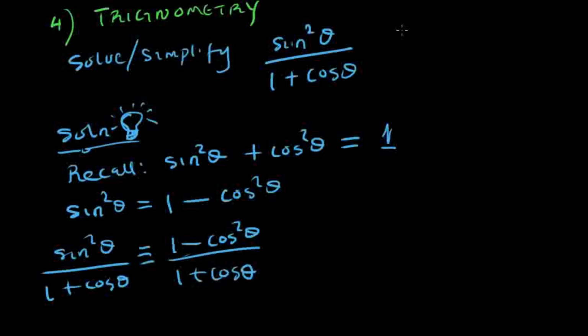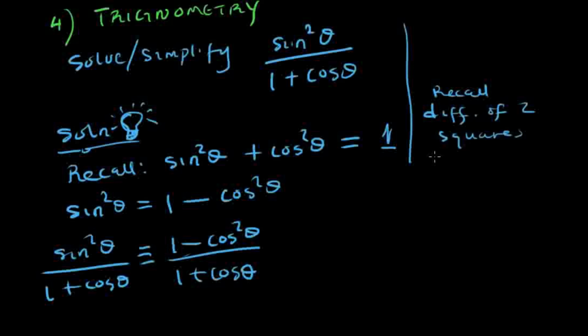Now you also need to remember another rule: difference of two squares. Difference of two squares tells me x squared minus y squared is (x minus y)(x plus y). So in the numerator, 1 minus cos squared theta can be factorized as a difference of two squares, because 1 is 1 squared and cos squared theta is also a square.